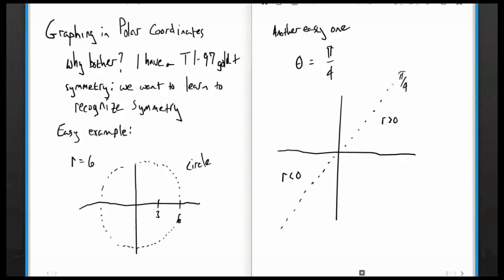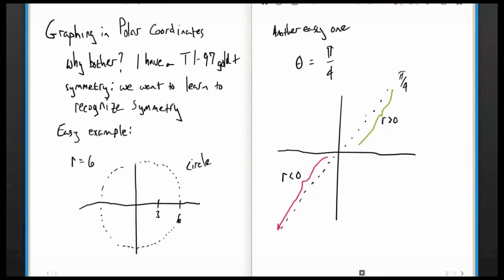Let's do r greater than 0 in green, and r less than 0 in red. And they continue on like that. So even though I'm looking in the pi over 4 direction, I can extend the opposite direction, or pi over 4 plus pi, if you want to think about it that way. I can walk backwards as well.